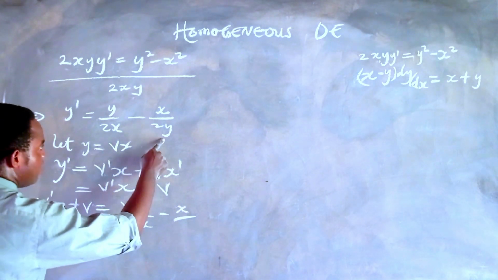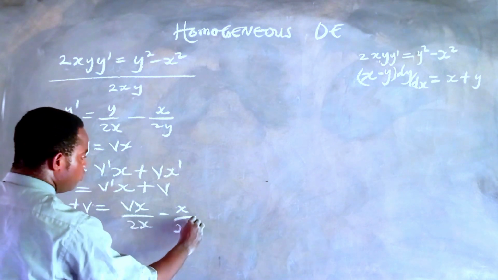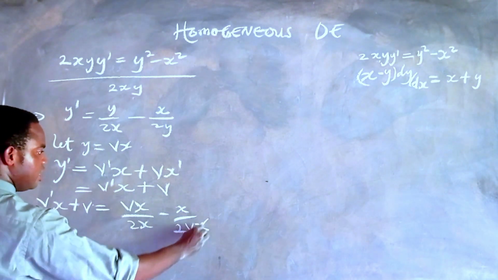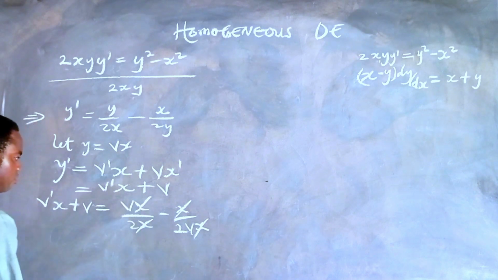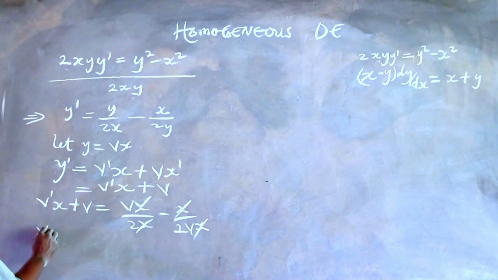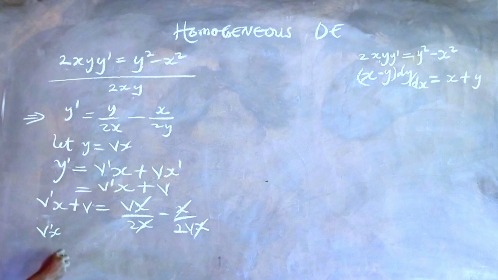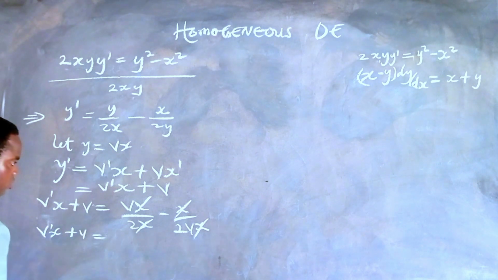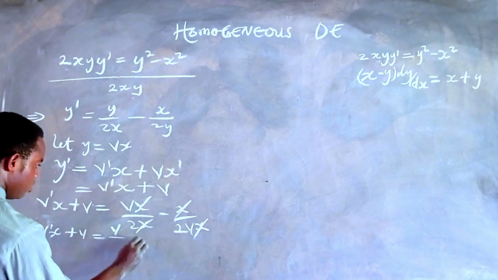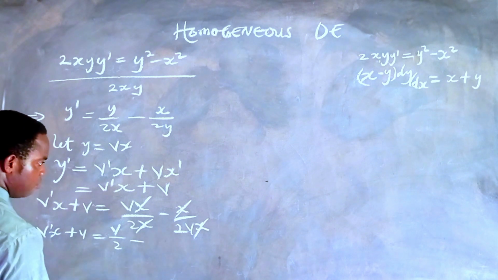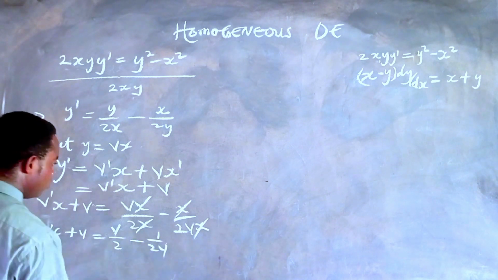So we have vx over 2x minus x over 2vx, right? And we get rid of the x there. So we have v prime x plus v equals v over 2 minus 1 over 2v, right?